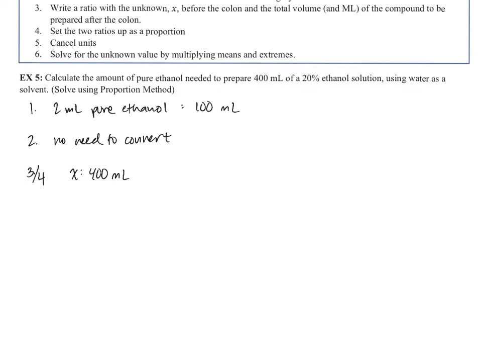Then we'll set up our two ratios in the proportion method and add in that double colon there. That is going to be equal to the 20 ml. Oh, sorry, this was supposed to be 20 up there. That was a typo. 20 milliliters pure ethanol, and that's to the 100 ml. Okay, so we can go ahead and cancel the milliliters.